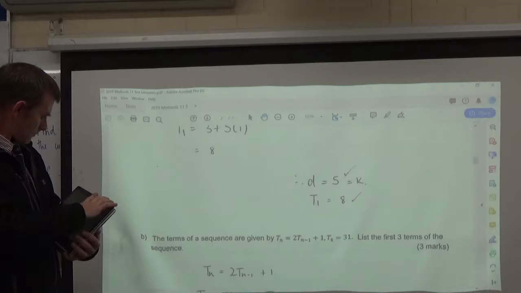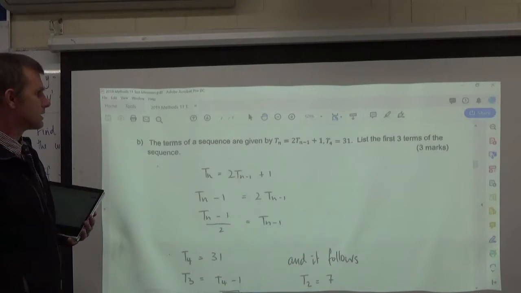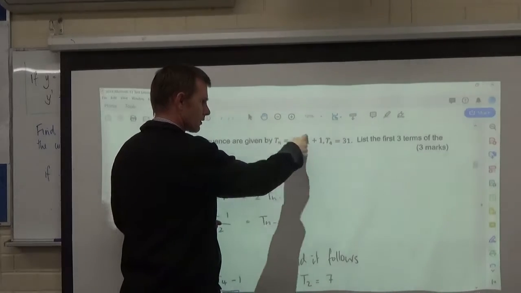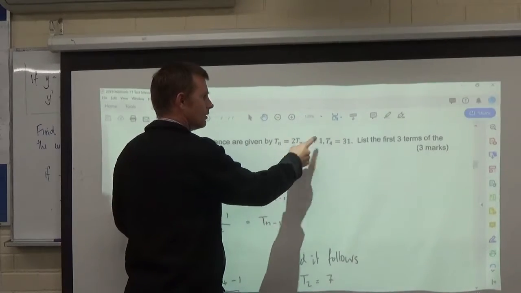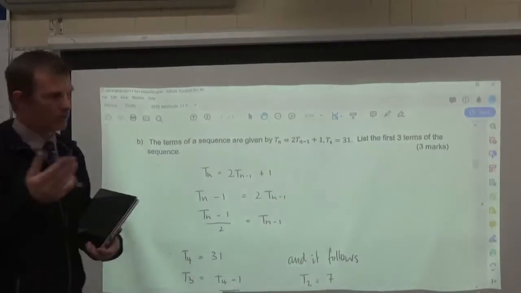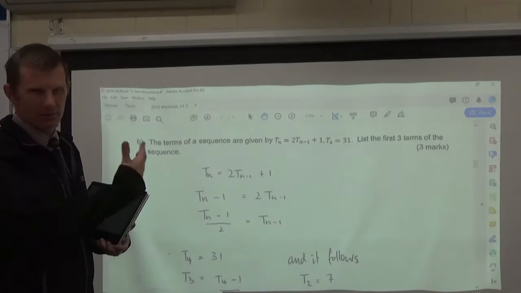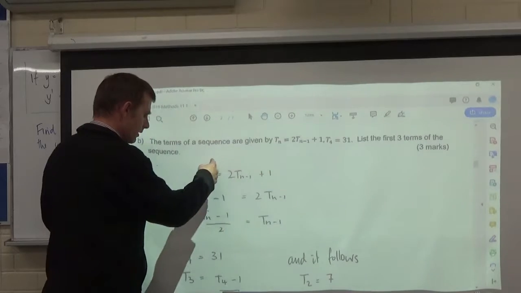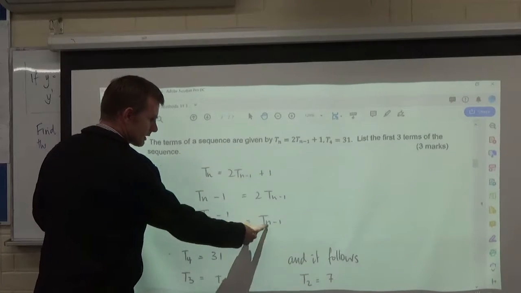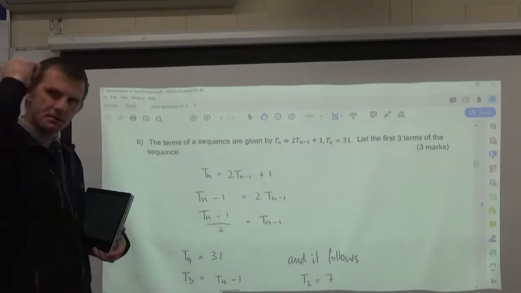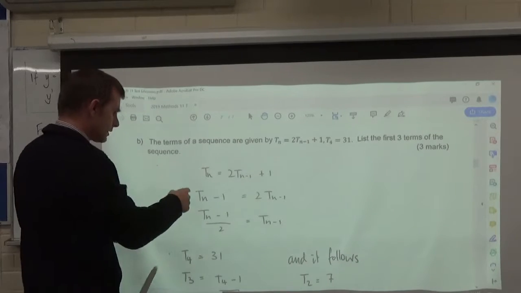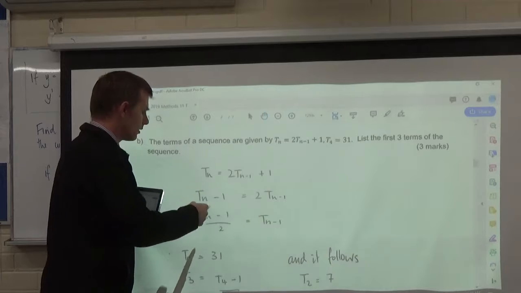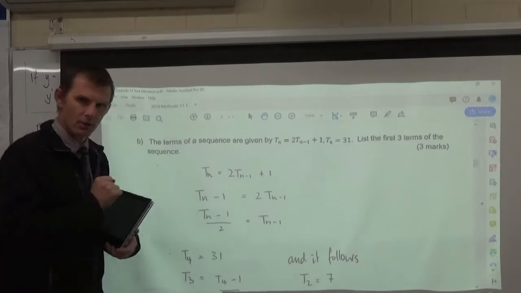Okay? Next one. Sequence is given by that one. So it's recursive, referring to the term before. Starting term is T4. It's easier if they give us T1, but they want us to work backwards. Now, look at this. I rearrange this formula to get T_n minus 1, that's the term before, is equal to T_n, the current one, minus 1, divided by 2.